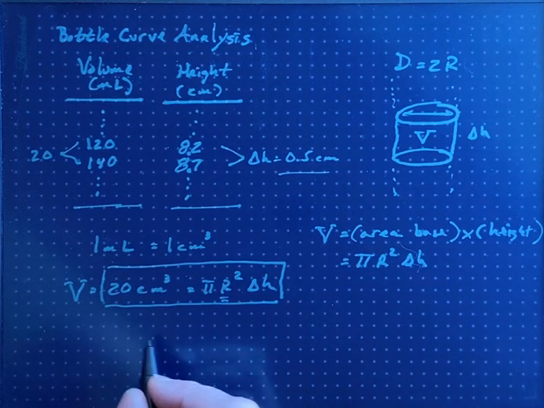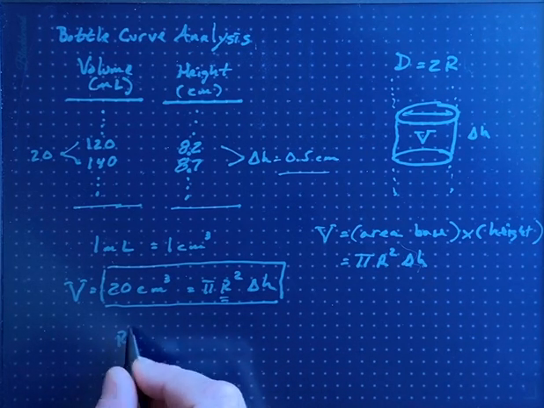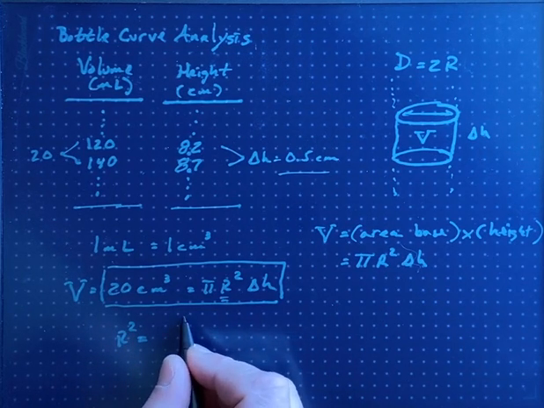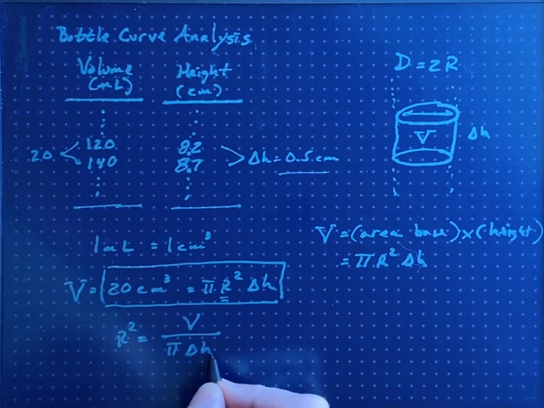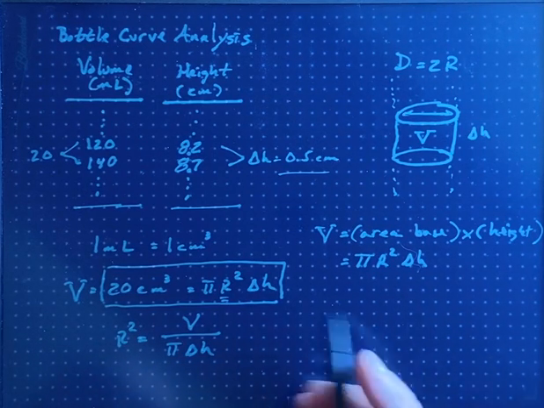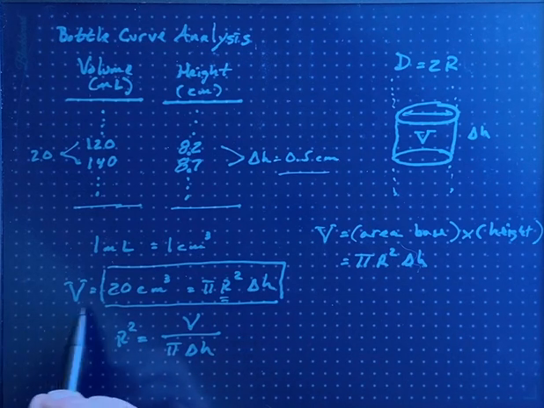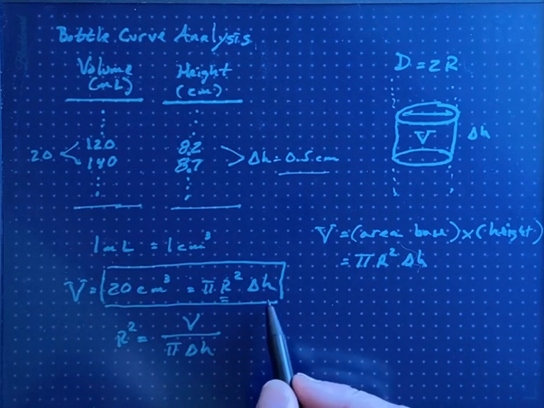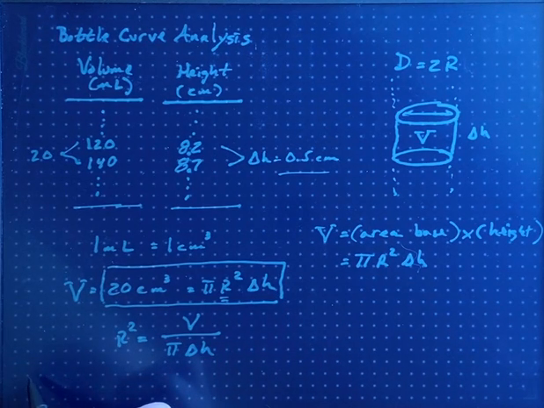Well, the way I would do it is like this. I would say that r squared is equal to the volume divided by pi times delta H. I'll just do things algebraically. I divide both sides by pi, which puts it in the denominator over here, and I divide both sides by delta H, which puts it in the denominator over here.